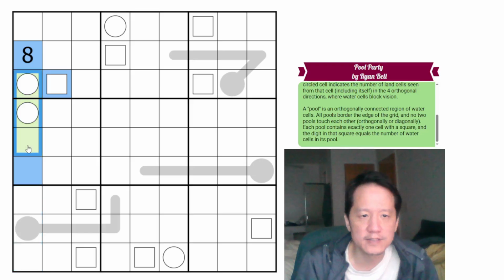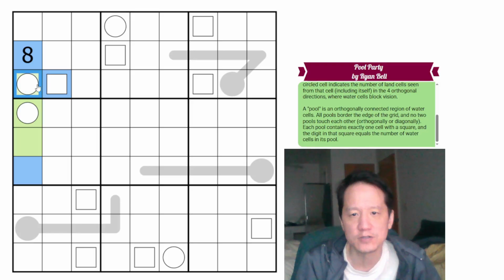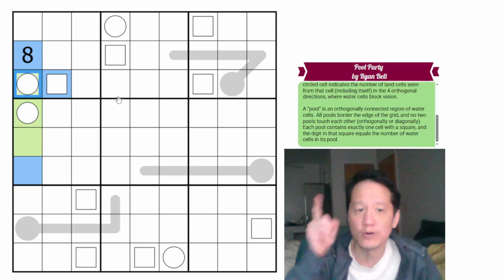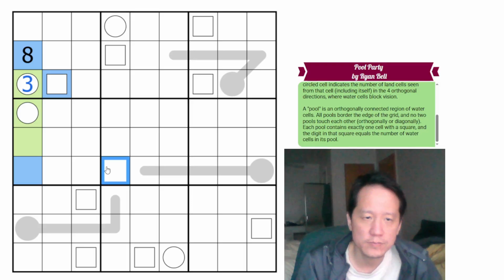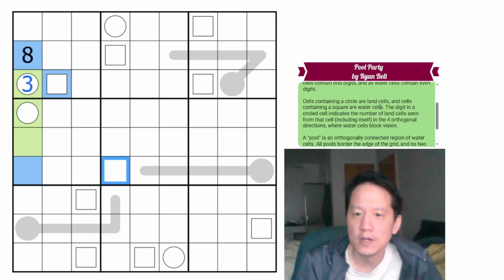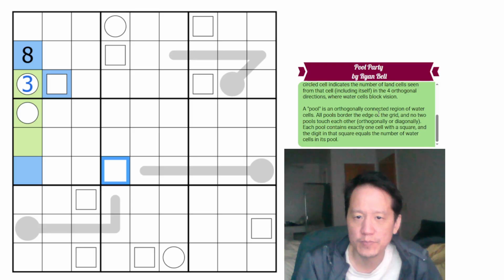Any other land cells would be blocked vision-wise by these water cells. So this would specifically then see only 3 land cells, including itself. Remember, it has to include itself. So this would be a value of 3 here, if that were the case. And that's how circled cells work.